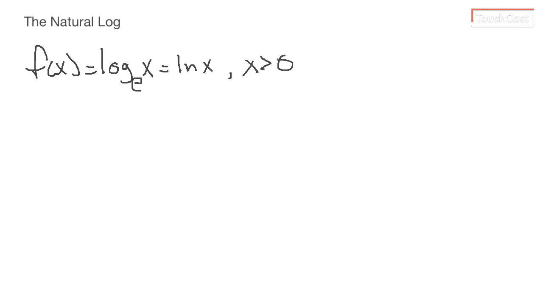We are going to say if we have f of x and it's equal to the log and the base is e, the number e, which if you remember is about 2.7, it's an irrational number, it goes on forever, of x, instead of writing that, we can write that as ln of x, with an understanding that x is greater than 0.